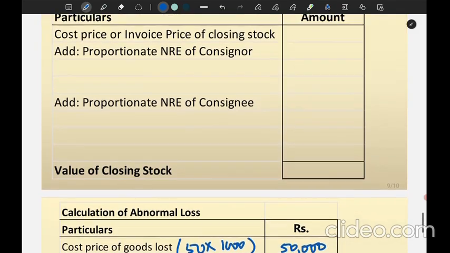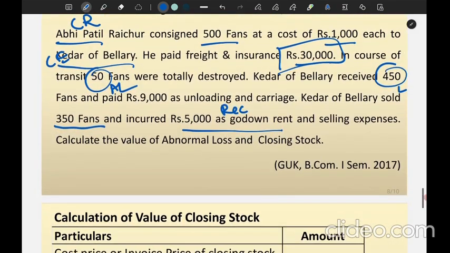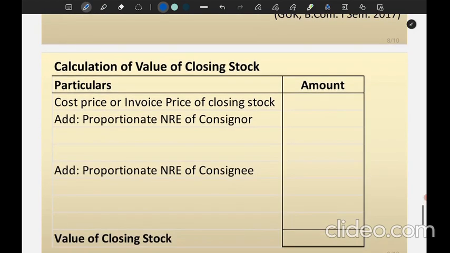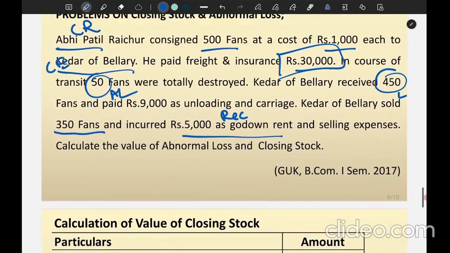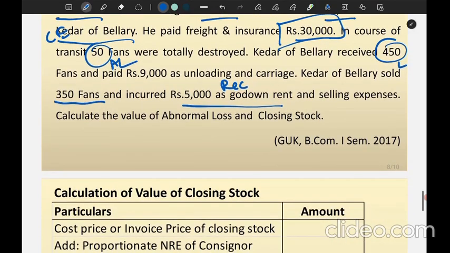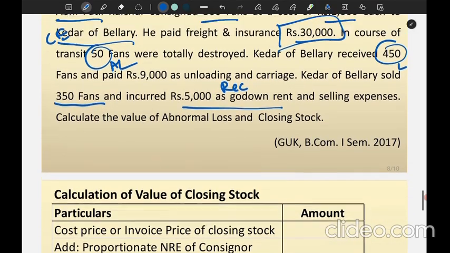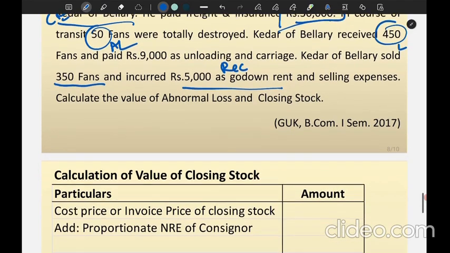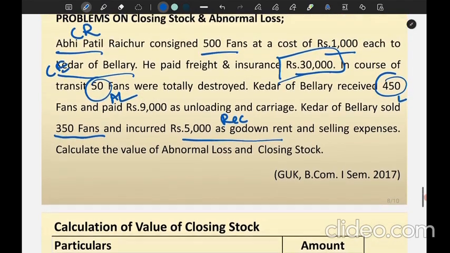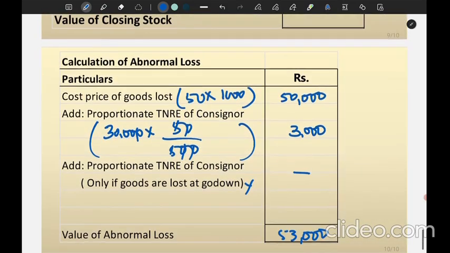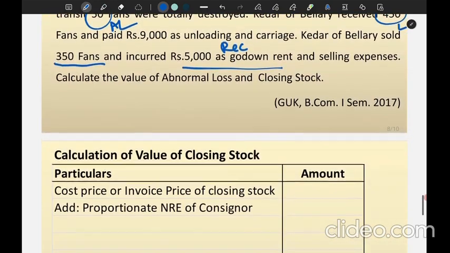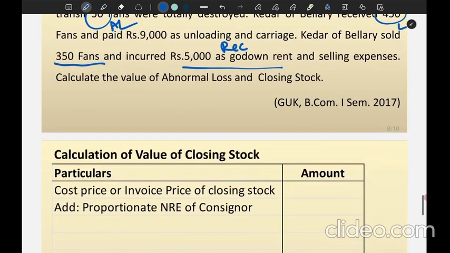Now coming to closing stock. In this problem, normal loss does not exist. So first, we will see the cost price or invoice price, whichever is the case, of the closing stock. Now, the question arises: what is the quantity of the closing stock? Let us ascertain here. Actually, this should be done as a working note.